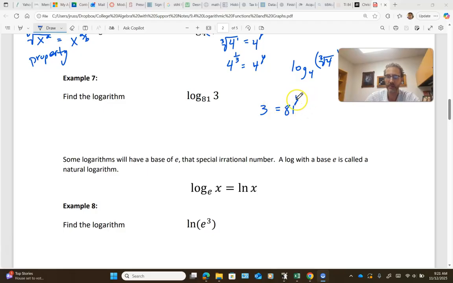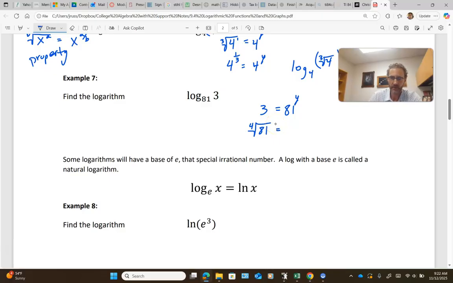That's what I'm trying to find, the power of 81 that's equal to 3. Well, I know that the 4th root of 81 is 3. And like I said, this just comes from having had a lot of familiarity over the years. The 4th root of 81 is the same as 3. Or in other words, 3 to the 4th power is 81.